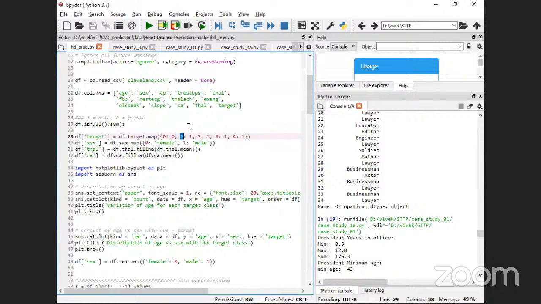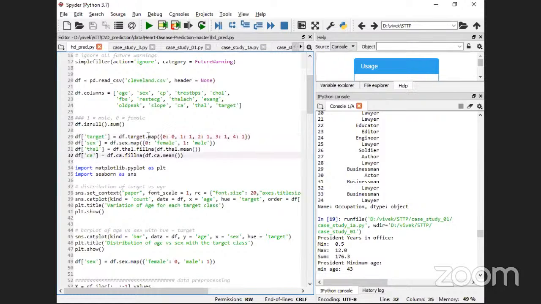When it is 1, it is referred to as presence. When it is 2, it is again represented as 1. When it is 3, because all these are indicating the presence of heart disease. So this is how the target field has been replaced with zeros and 1. 0 indicates absence of heart disease, and 1 indicates presence of heart disease.